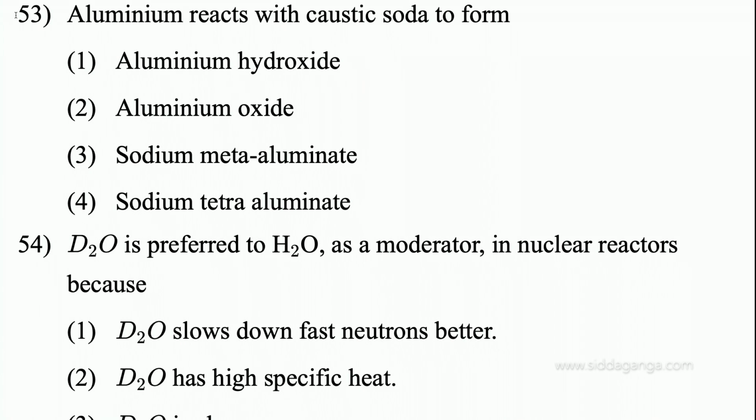Aluminium reacts with caustic soda to form aluminium hydroxide, aluminium oxide, sodium meta-aluminate, or sodium tetra-aluminate. The answer for this question is sodium meta-aluminate.